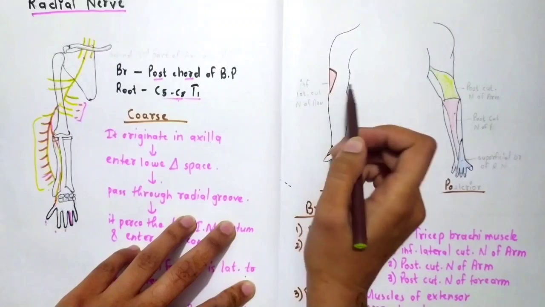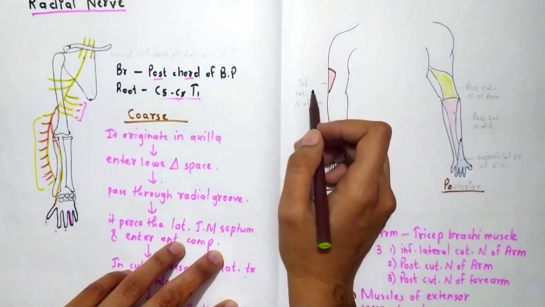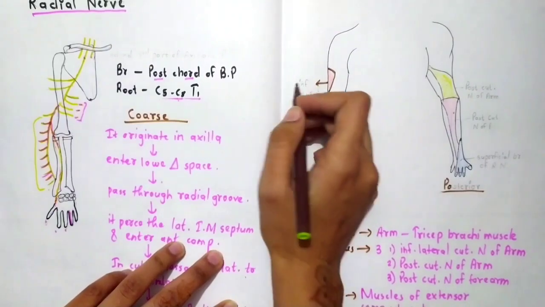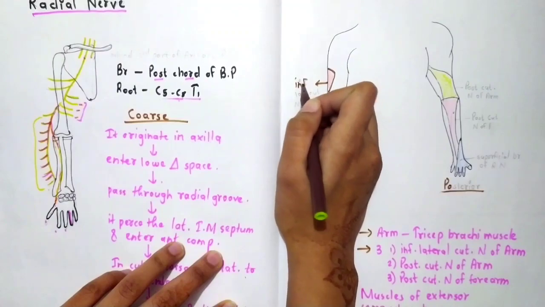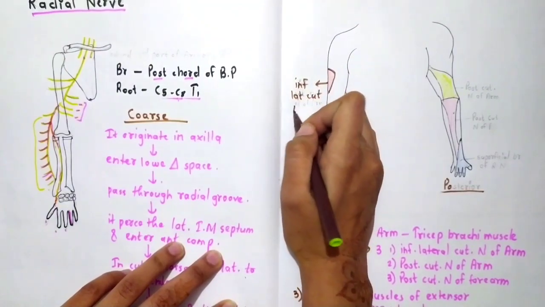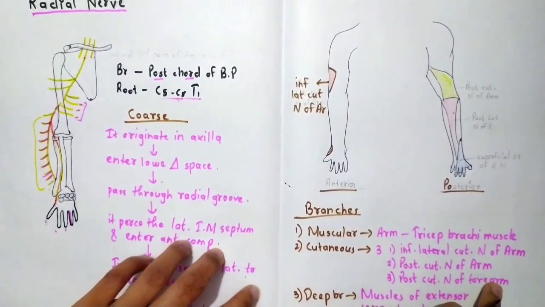First is this region, the inferior lateral part of the arm, which is supplied by the inferior lateral cutaneous nerve of arm, a branch of the radial nerve.